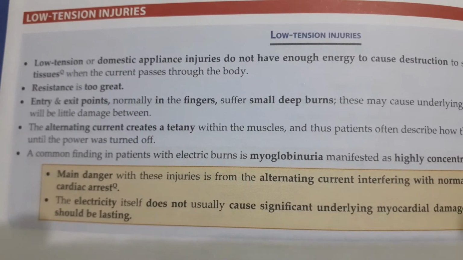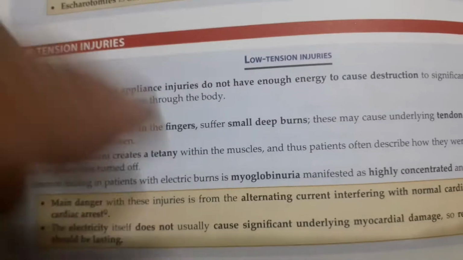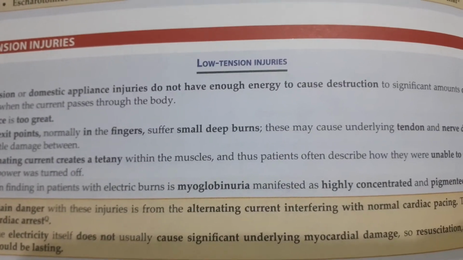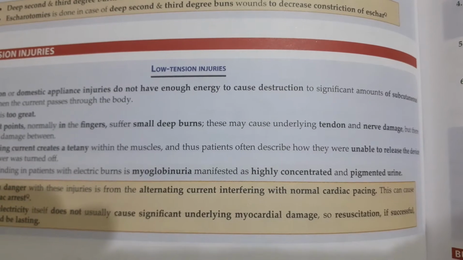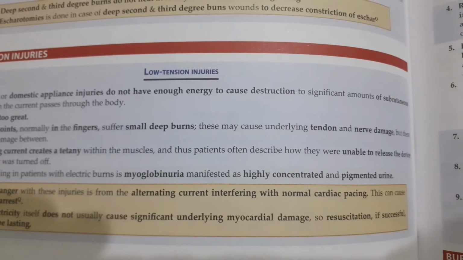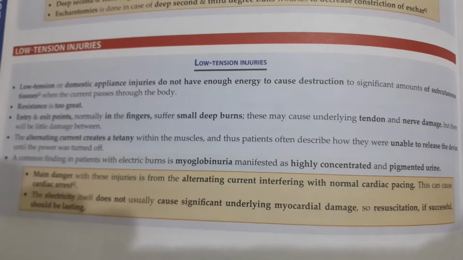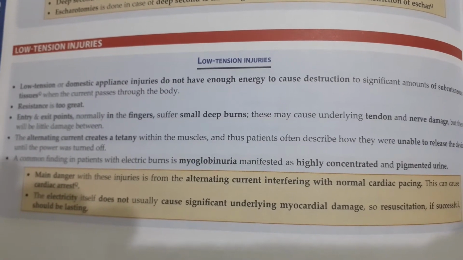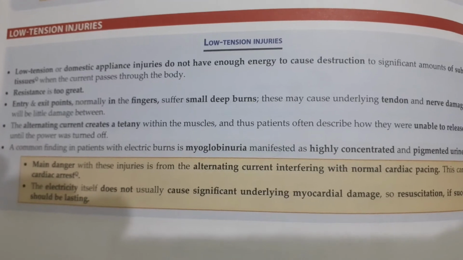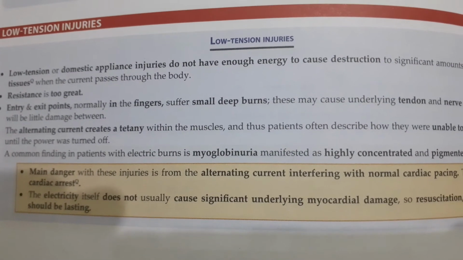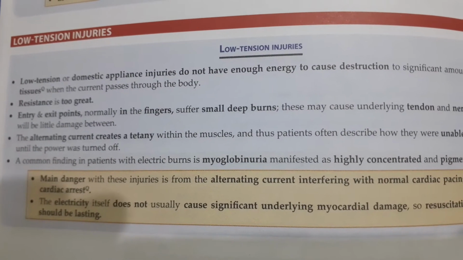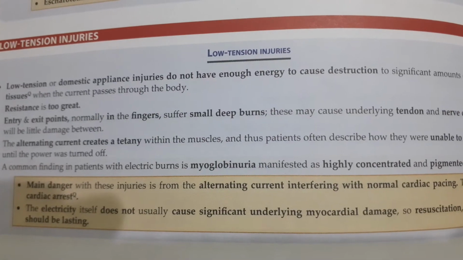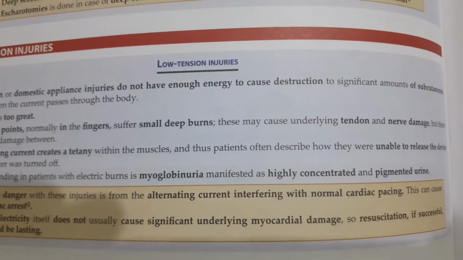Low tension injuries. Low tension or domestic appliance injuries do not have enough energy to cause destruction to a significant amount of subcutaneous tissues when current passes through the body. Resistance is too great. Entry and exit points, normally in the fingers, suffer small deep burns.